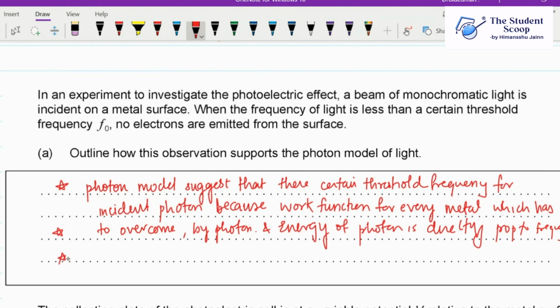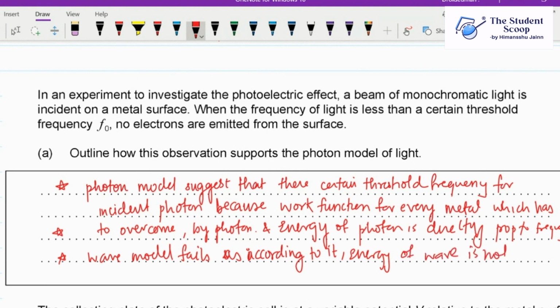The wave model fails, as according to the wave model, the energy of the wave is not dependent on frequency.